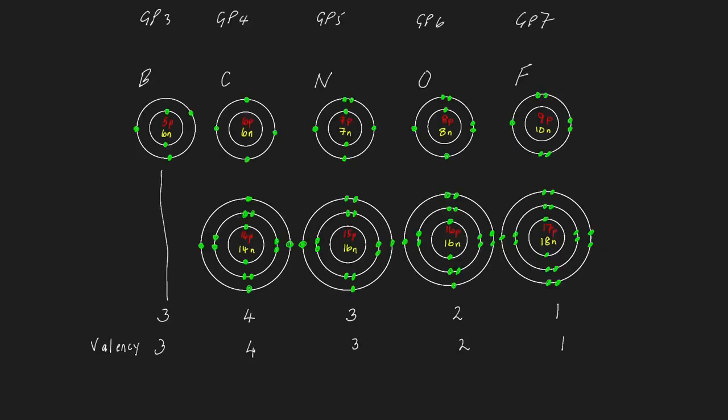And let's finish up with using the valency rules for writing a formula. You might recall the SVSDF rule. S for symbol, V for valency, S for swap, D for divide, and F for write the formula. Here's an example. Lithium and nitrogen are reacting.